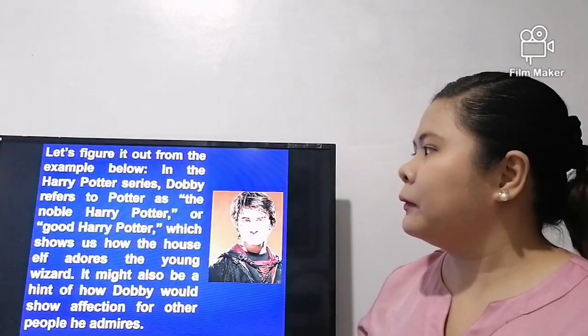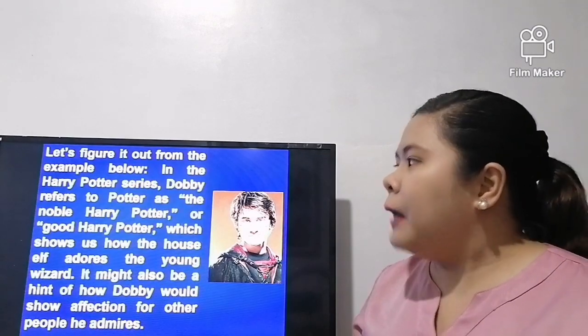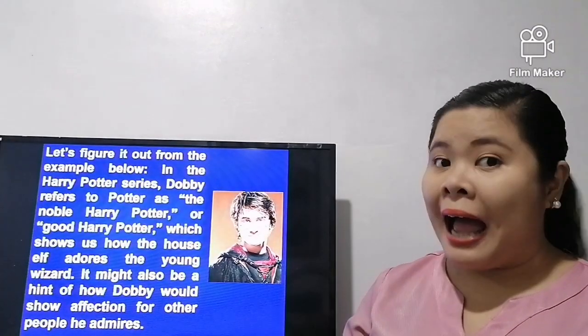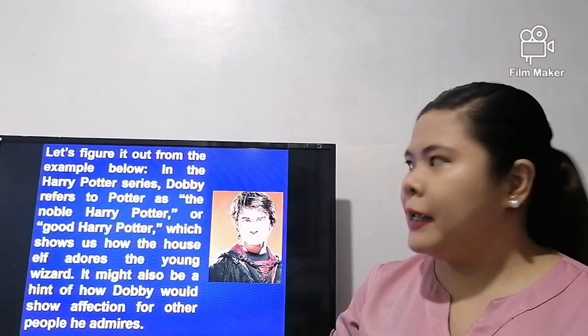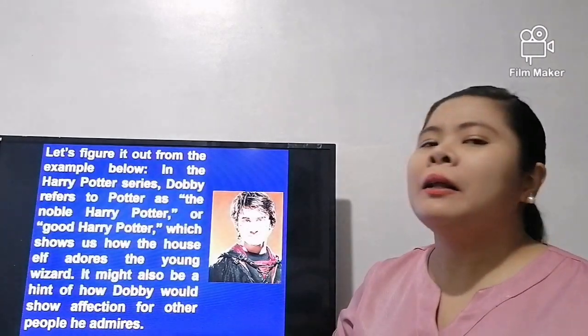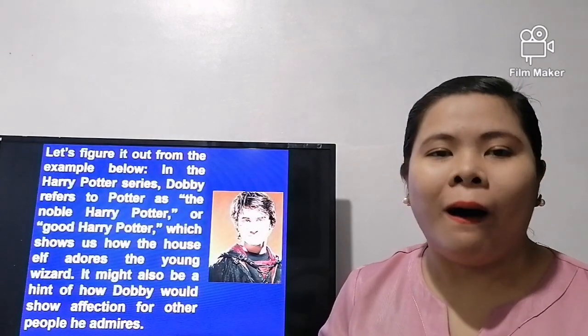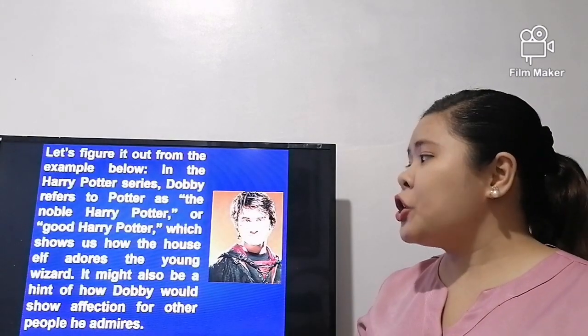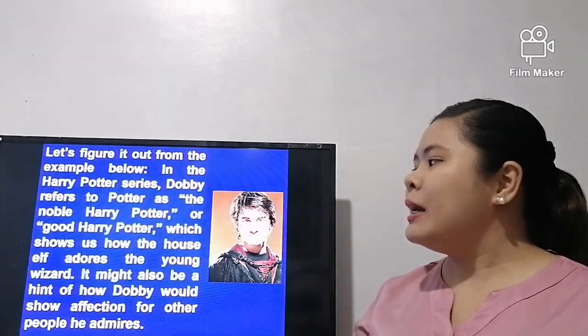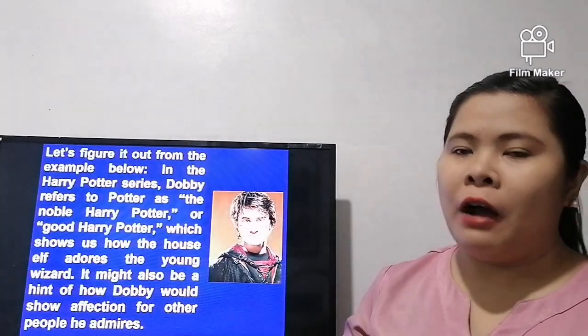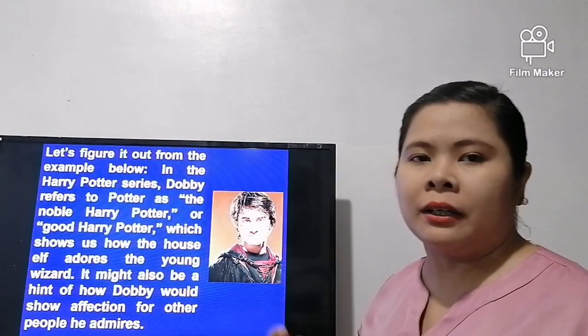In the Harry Potter series, Dobby refers to Potter as what? Yes, the noble Harry Potter or good Harry Potter, which shows us how the house elf adores the young wizard.